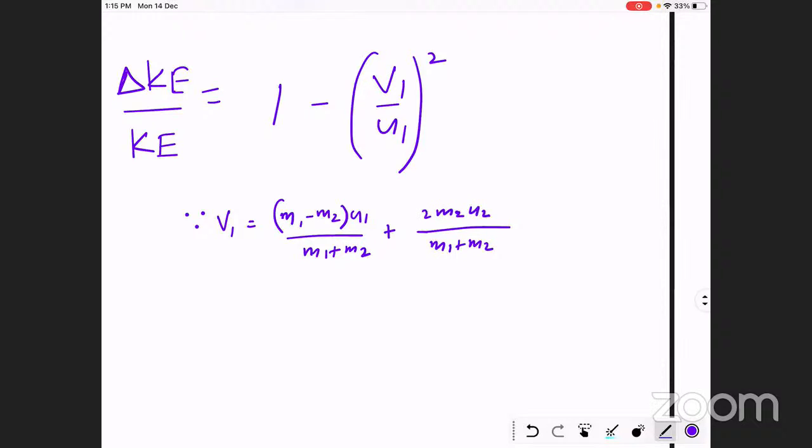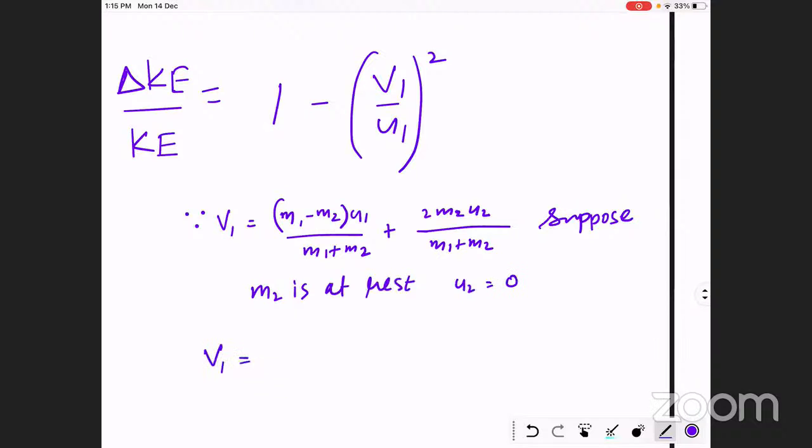Now suppose m2 is at rest, so u2 is 0, so v1 is now m1 minus m2 upon m1 plus m2 times u1.